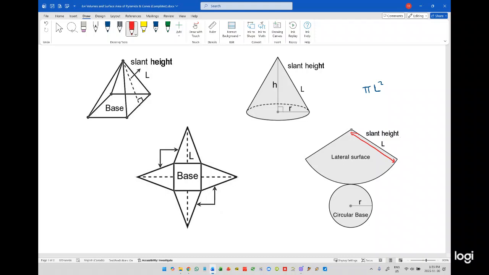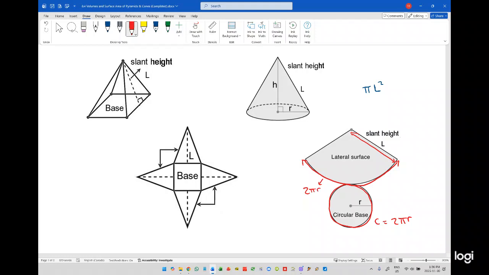But what I will point out is that the circumference of this is 2 pi r, which means that's going to be the same as this length here, because that has to wrap around the circular base. And this is going to be 2 pi r as well.